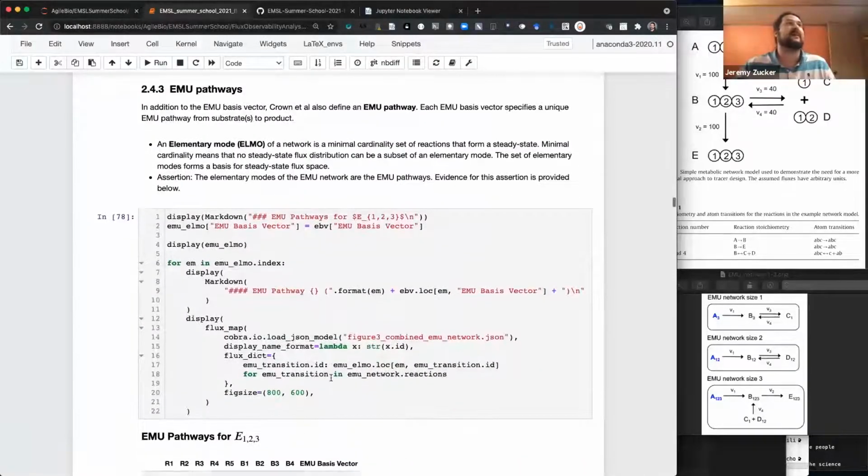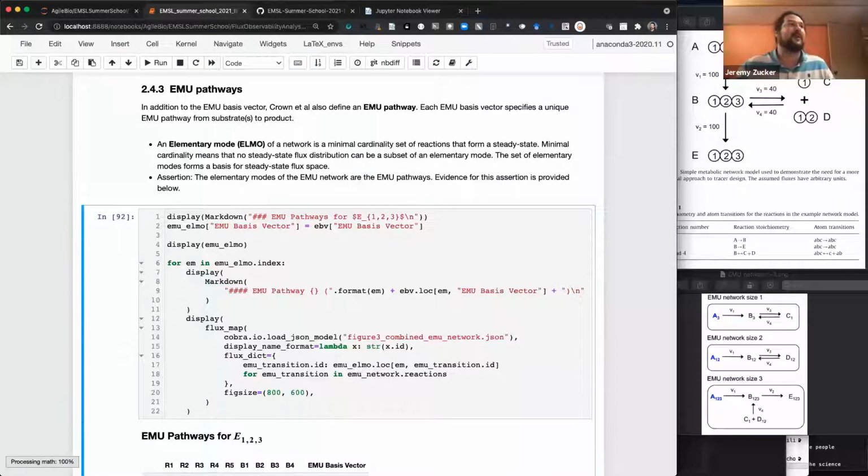And now we're going to talk about EMU pathways. So in addition to the EMU basis vector, they also define an EMU pathway. Each EMU basis vector specifies a unique EMU pathway from substrate or substrates to product. And actually this is very closely related to elementary modes.